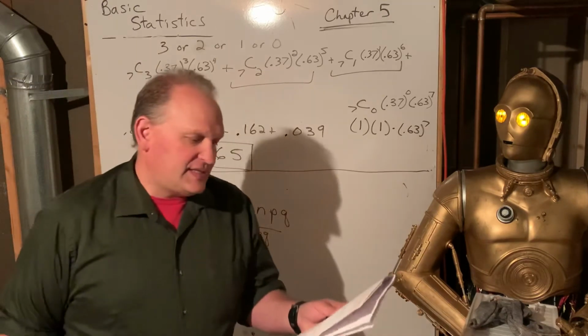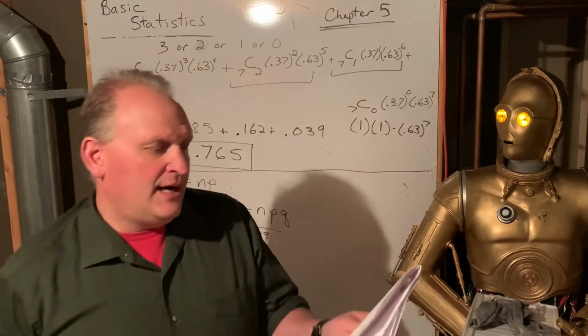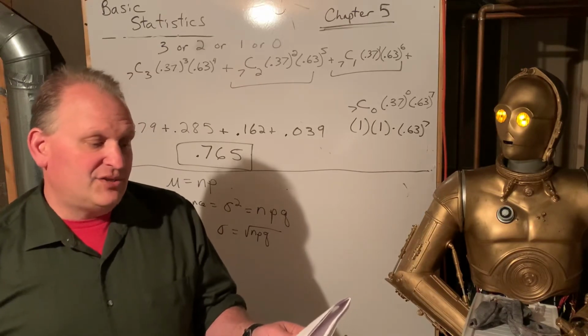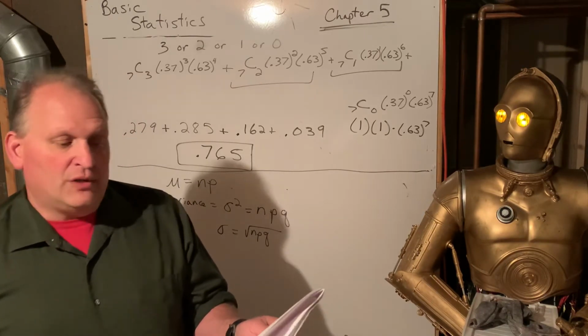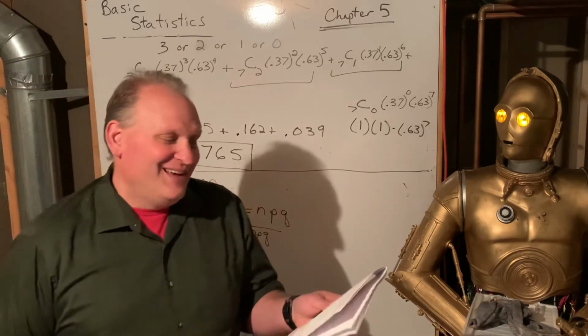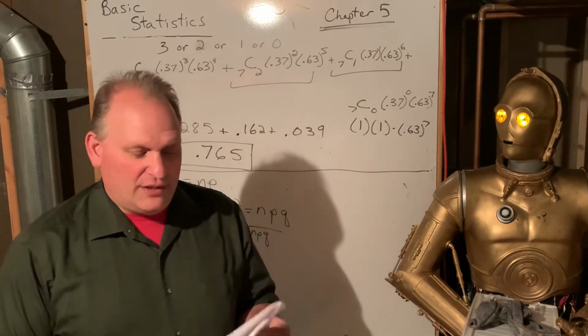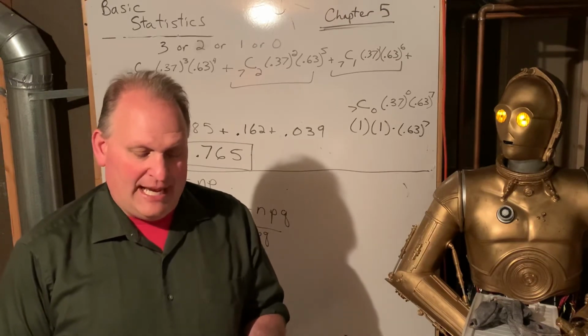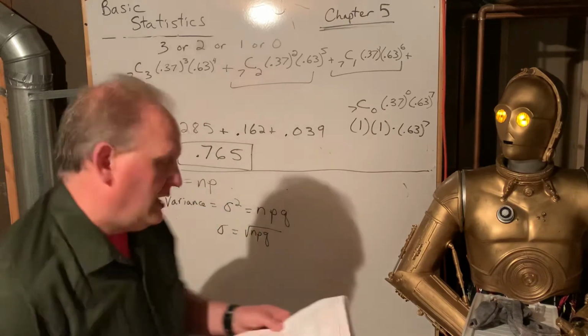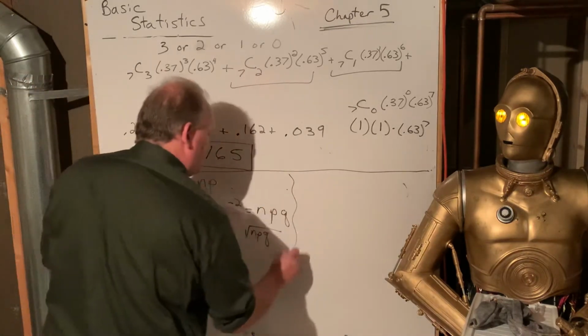And so here, let's do an example of that. In an interesting casino game, you roll a die and win if 2 comes up. Okay, that's a pretty easy game. If the casino has 480 players in one night, find the mean, the variance, and the standard deviation. All right, so let's do that.